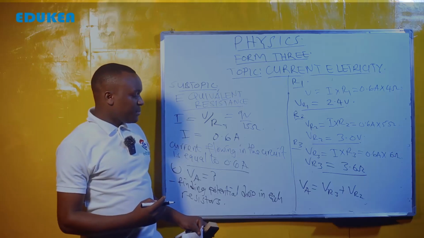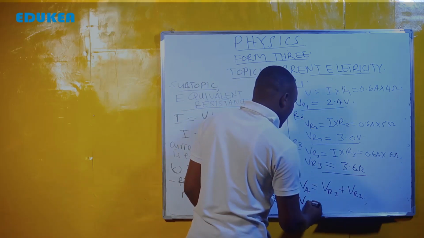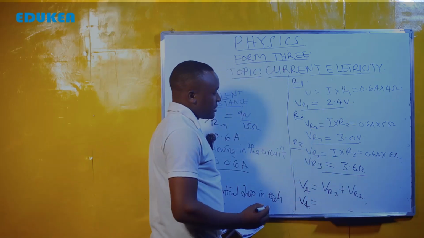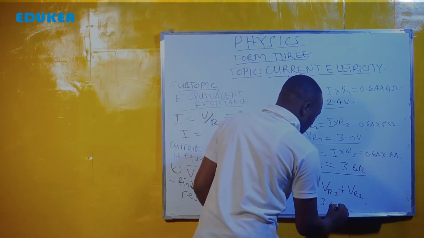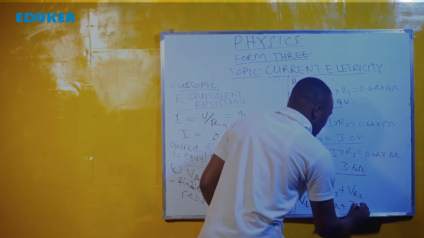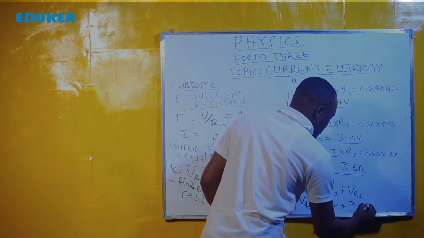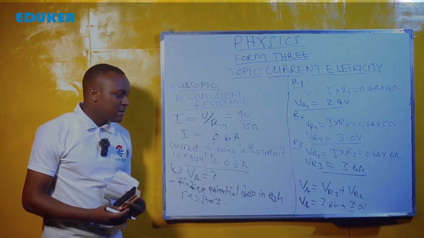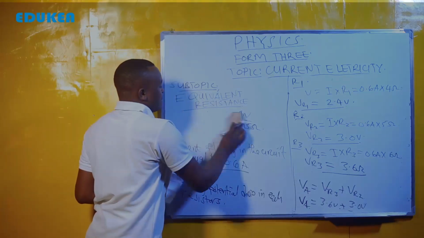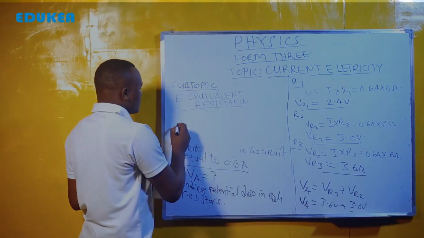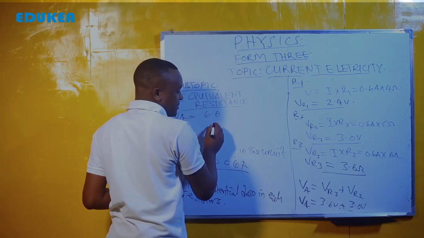So the potential at point A is given by 3.6 volt plus 3.0 volt, which gives 6.6 volt.